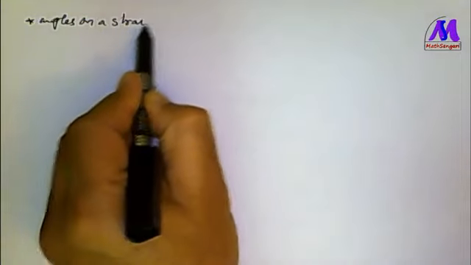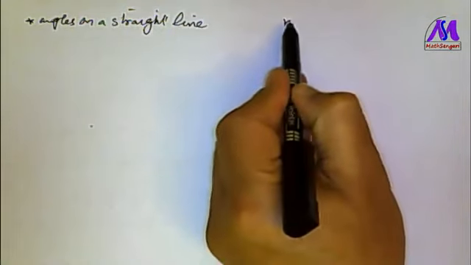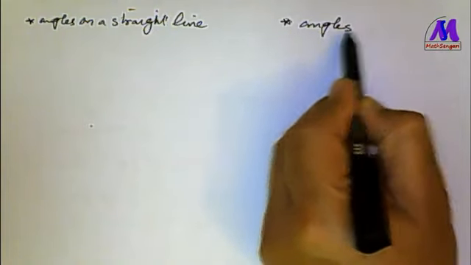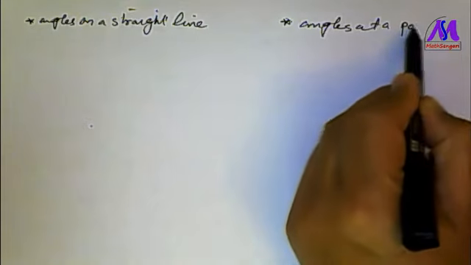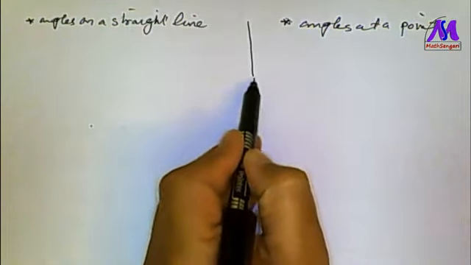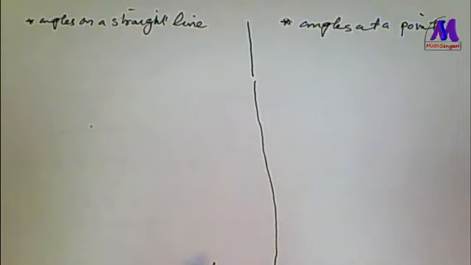Two more topics. One is angles on a straight line, and the other topic is angles at a point. So basically, what is the difference between these two? Angles on a straight line, and angles at a point.